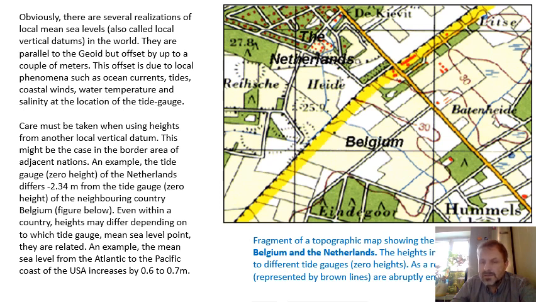In this fragment, you can see brown lines which don't correlate with contour lines in the Netherlands and Belgium. So these two countries use different zero points for height measurement.